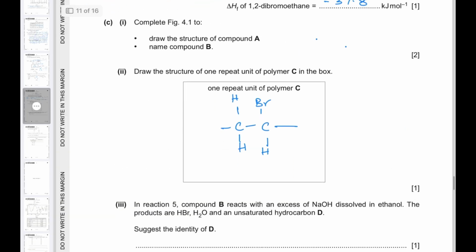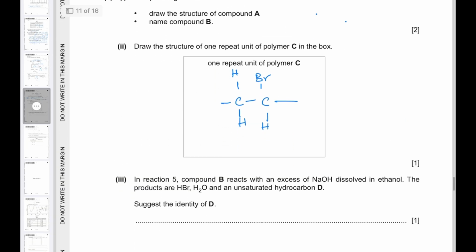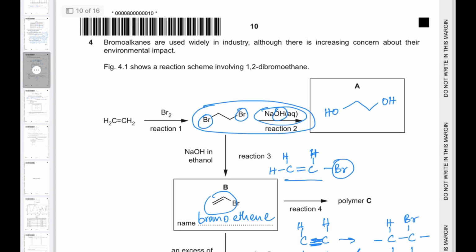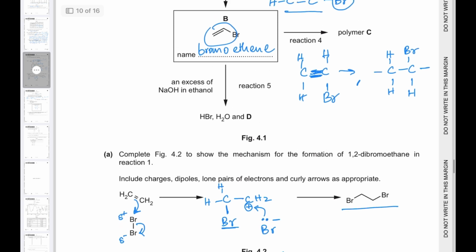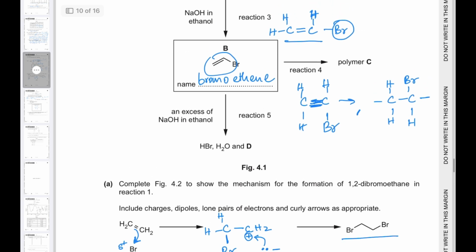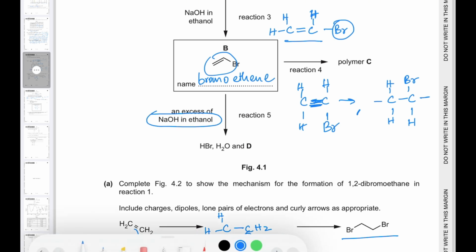Reaction 5, compound B reacts with an excess of sodium hydroxide dissolved in ethanol. The products are hydrogen bromide, water, and unsaturated hydrocarbon D. Suggest the identity of D. Let's look at reaction 5. Okay, whenever a halogenoalkane reacts with sodium hydroxide in alcohol, it undergoes an elimination reaction.